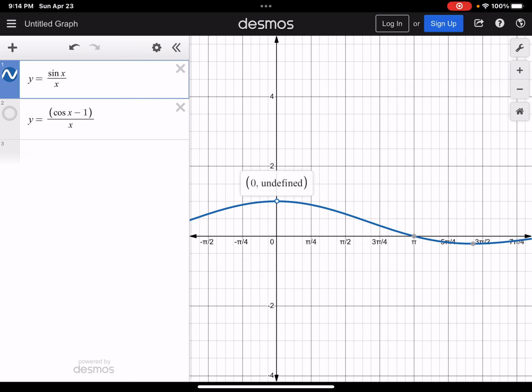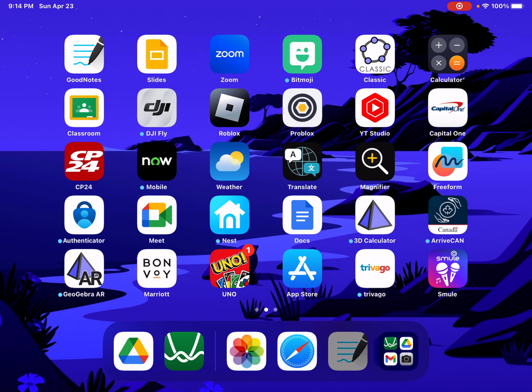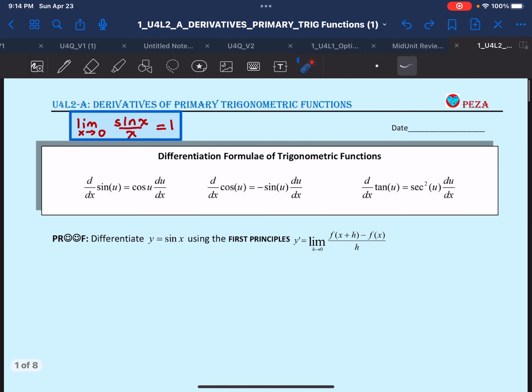When x becomes 0, the denominator becomes 0, which makes the entire function undefined. So in other words, we're going to say that the limit as x approaches 0 of sine x over x equals 1.